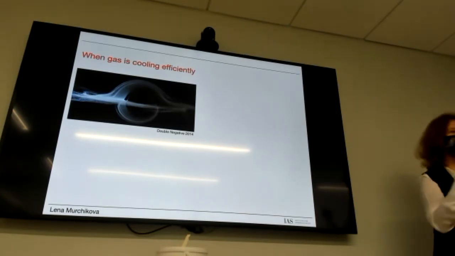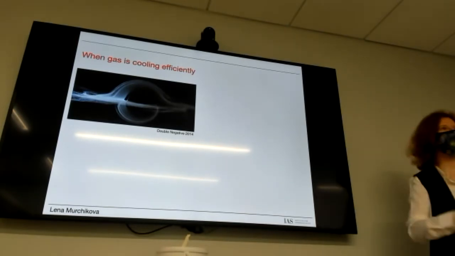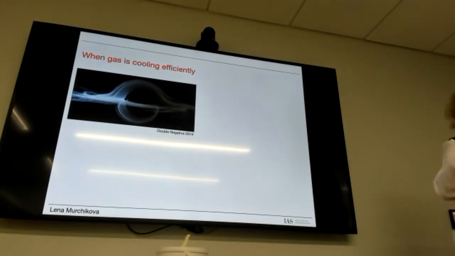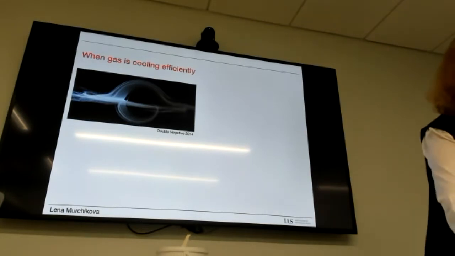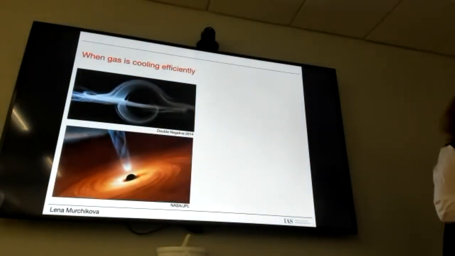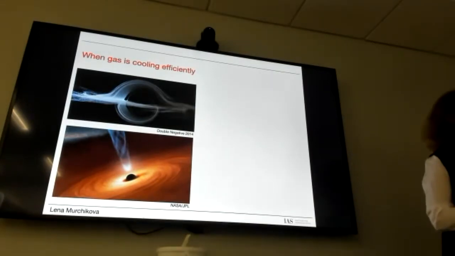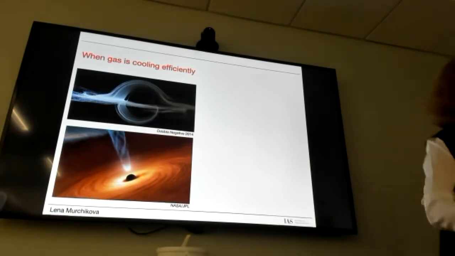Then everything interacts happily, it radiates, gets rid of this excess temperature and settles in the thin disk. Thin disks are the most common example of black hole accretion you can find on the internet. Those are the first ones which show up.